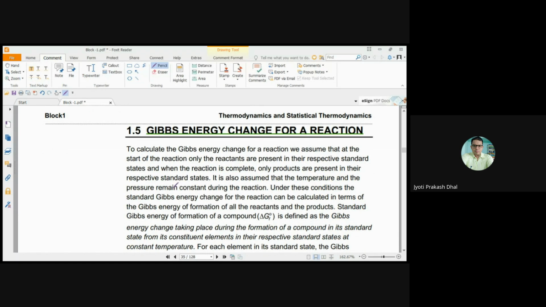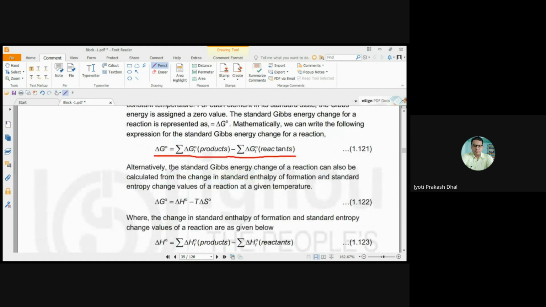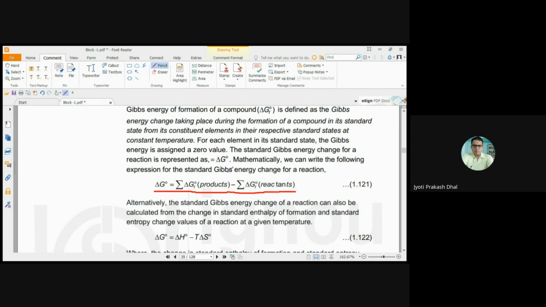Now coming to Gibbs energy change for a reaction. Here Gibbs energy change is del G, but if the Gibbs energy change is considered for the standard state, then the standard Gibbs energy change can be represented as del G naught. And mathematically, del G naught for any reaction equals the summation of del G naught of the products minus the summation of del G naught of the reactants.